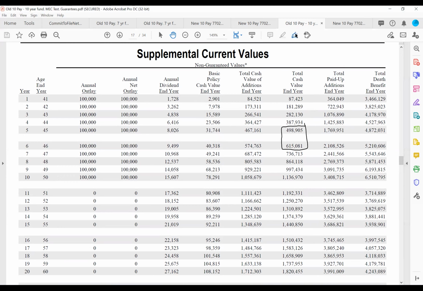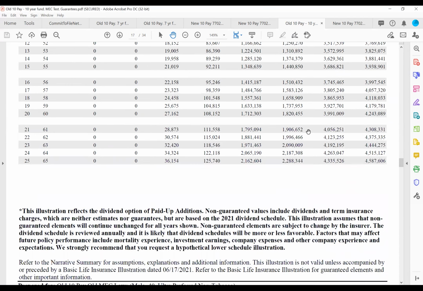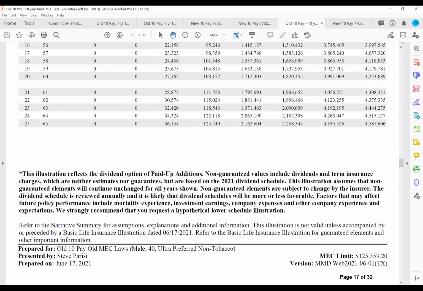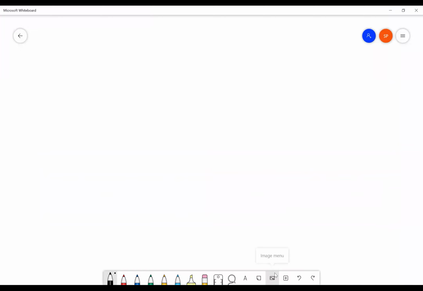Okay, let's take a look at the new product now. So here's the one thing to keep in mind. Old product, $3.4 million death benefit, gave you a MEC limit of $125,000 for an age 40 male.